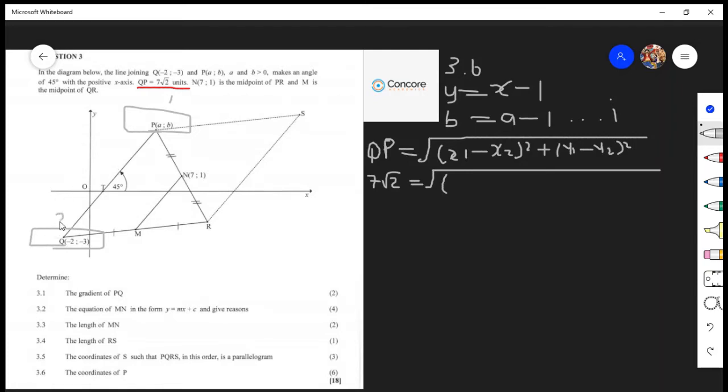So we've got a minus negative 2, which will then be a plus 2 squared.